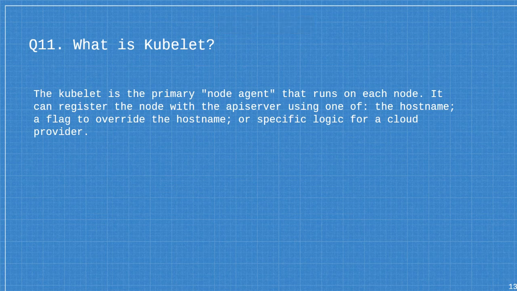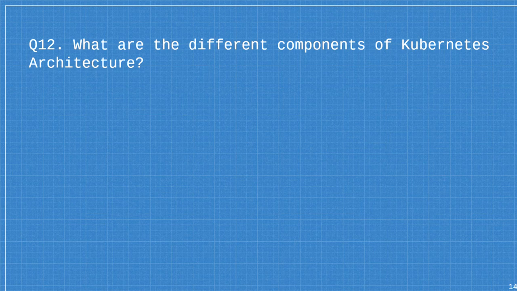So kubelet is the primary node agent which is available on the worker node where we are deploying. We never deploy our application on the master node. Master node components are different. Its main task is to control the pods over there and make them work.